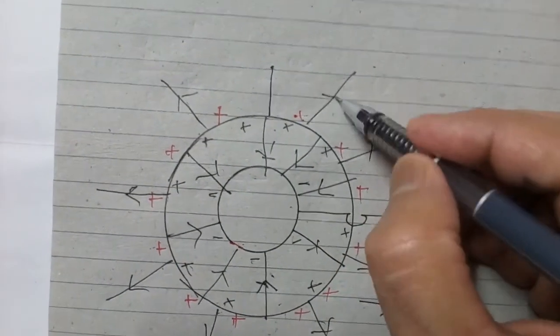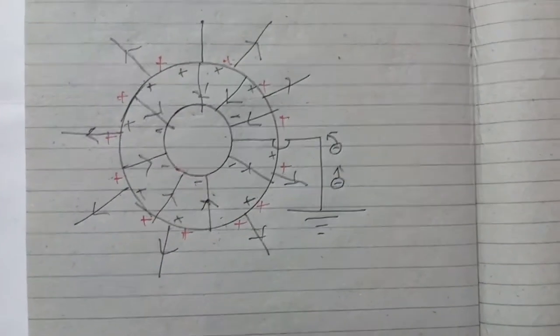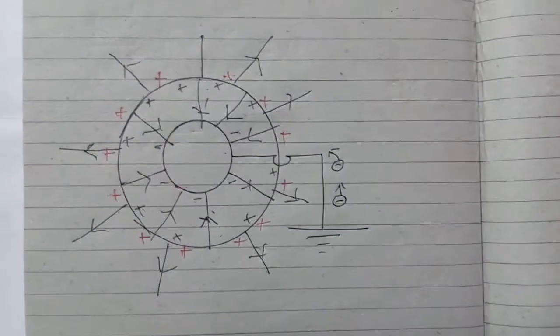So this combination is equivalent to a combination of two parallel capacitors. Now see what the charge distribution is.